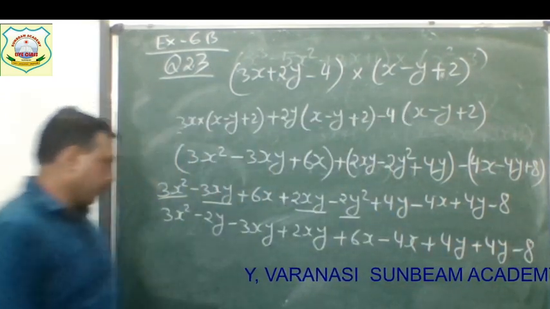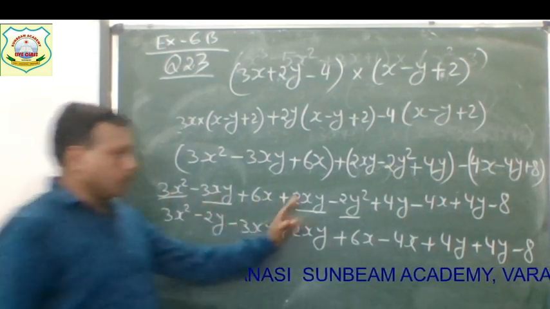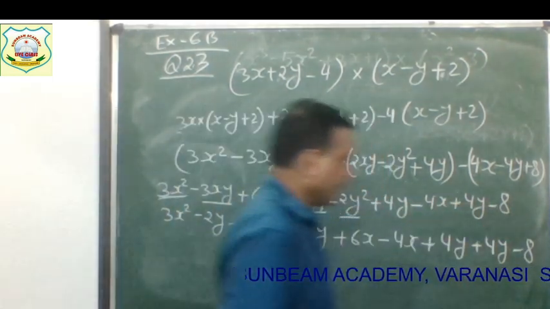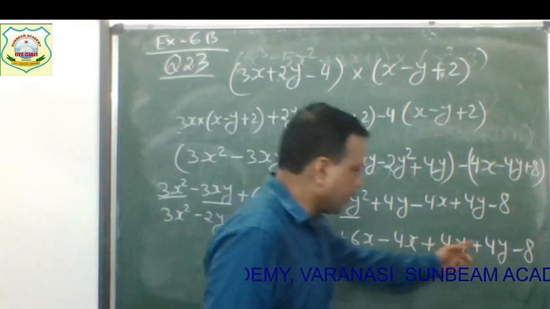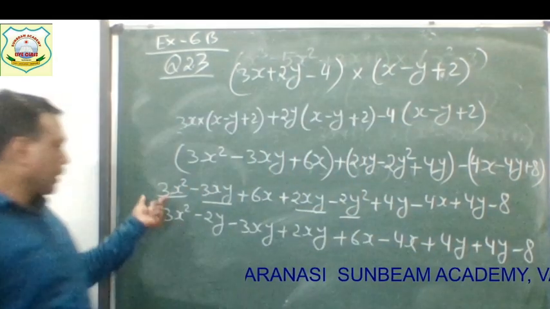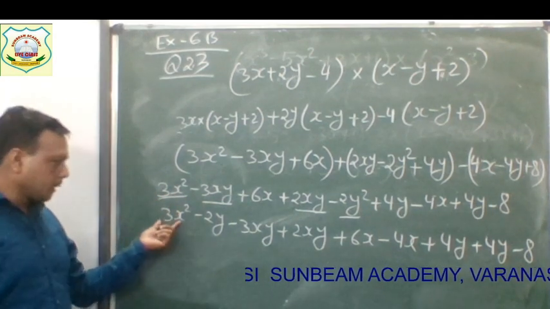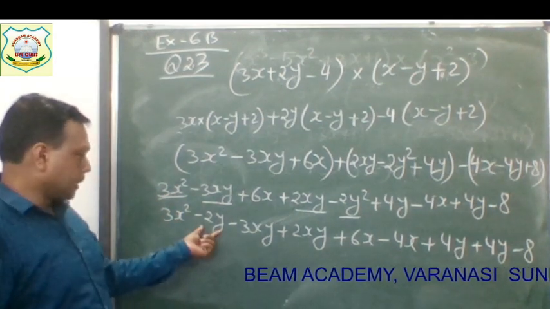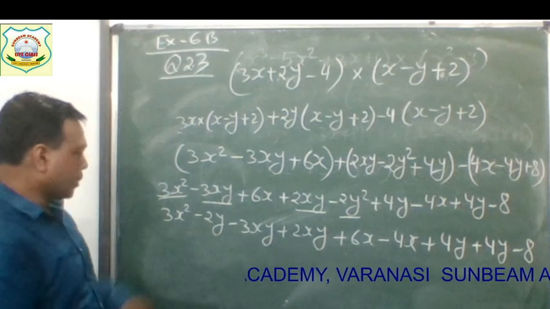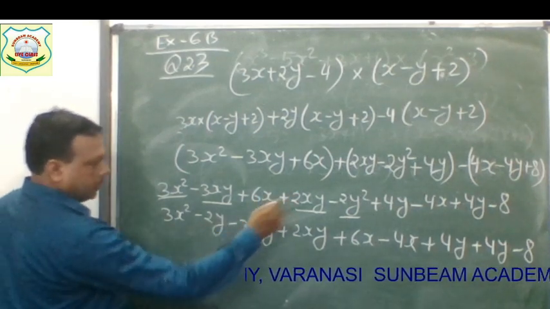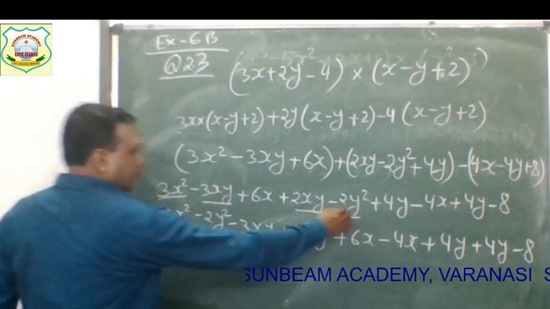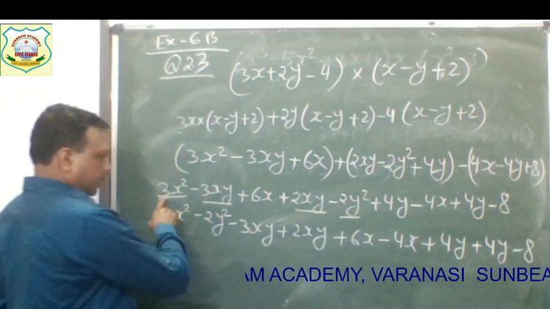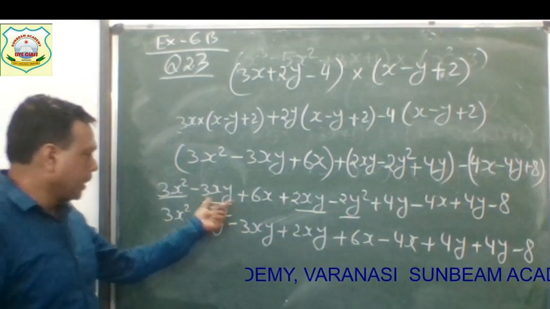Students, again I am telling. First of all, 1, 2, 3, 4, 5, 6, 7, 8, 9 terms, what you have got? 1, 2, 3, 4, 5, 6, 7, 8, 9. It is equal, but now we will match. 3x square minus 2y square, okay? Because these two terms we have taken. Minus 3xy and plus 2xy.